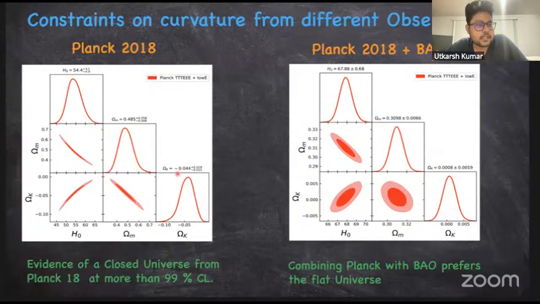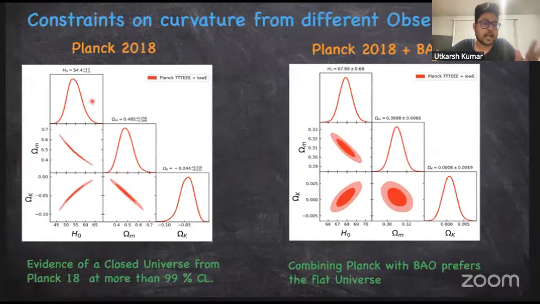If we take this result at face value, then we find that the universe is a closed universe, and it will collapse at some point in the future. But we also look at the values of the Hubble parameter and omega matter, and they are a bit skewed as compared to their lambda CDM counterparts.